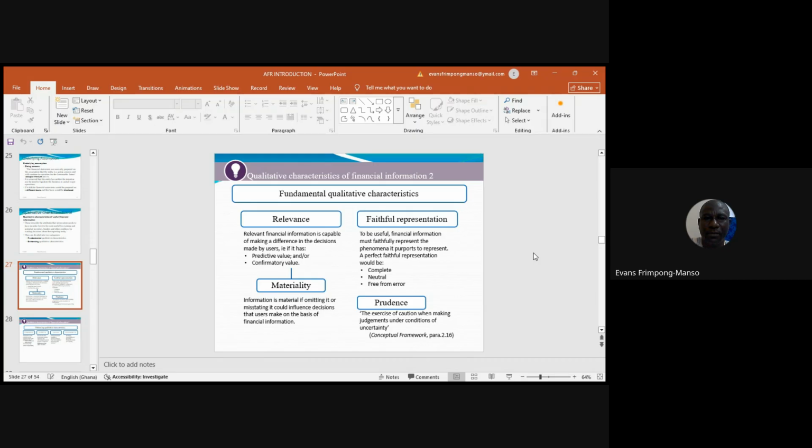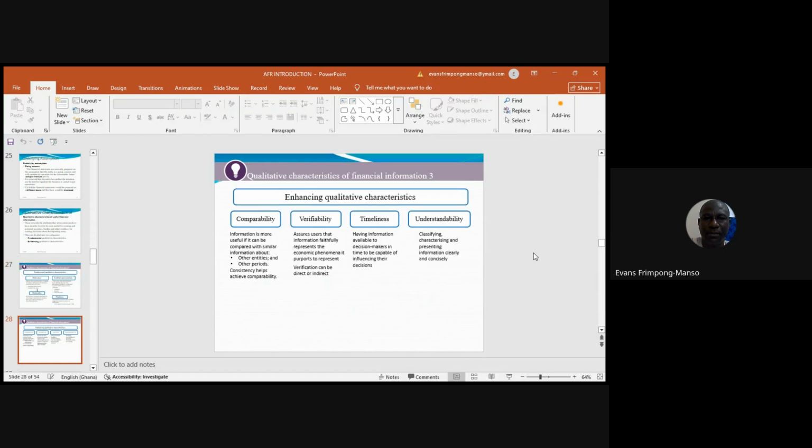So let's look at the enhancing characteristics. We have comparability, verifiability, timeliness, and understandability.